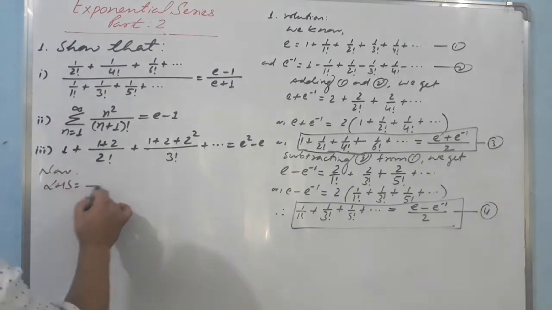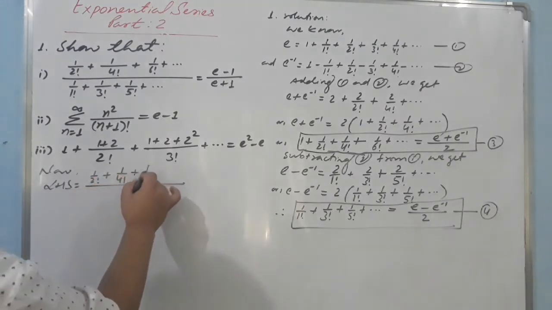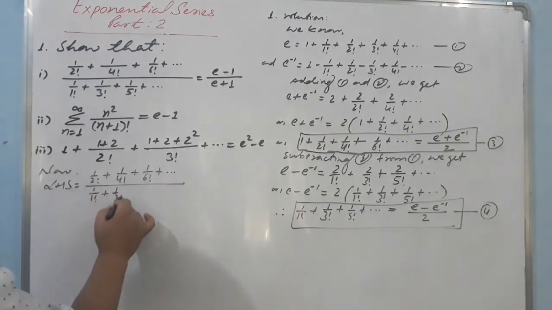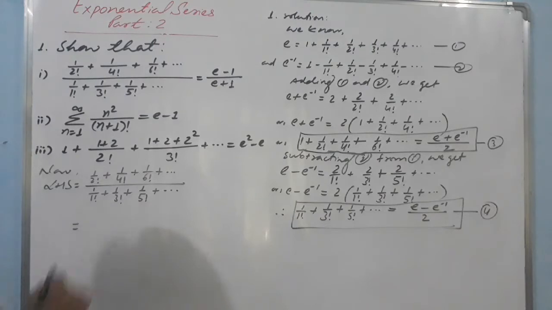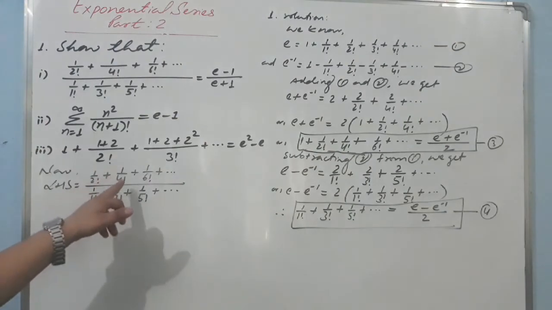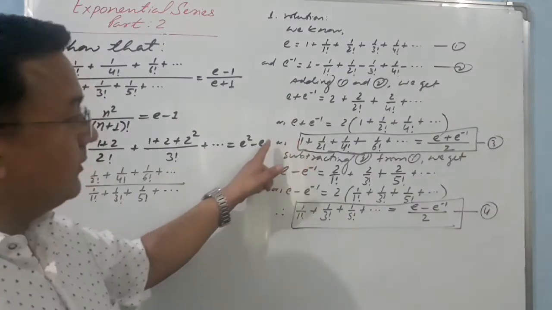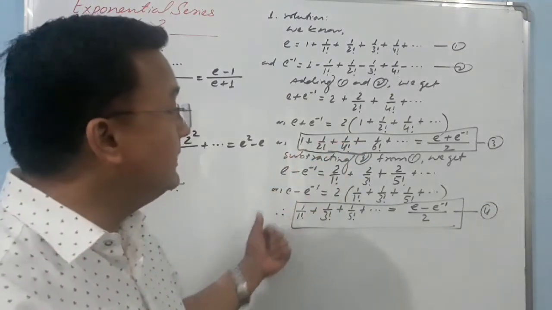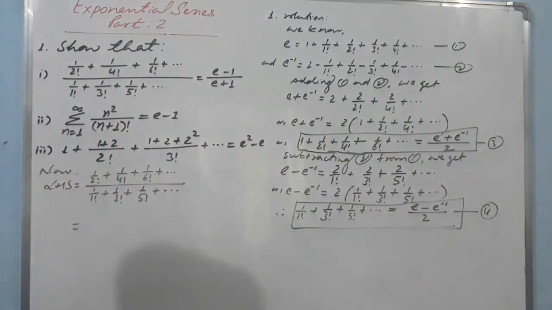On the left hand side you have 1 over 2 factorial plus 1 over 4 factorial plus 1 over 6 factorial plus and so on, upon 1 upon 1 factorial plus 1 upon 3 factorial plus 1 upon 5 factorial and so on. This is the left hand side. Now listen to me. We can get this result. Here we have 1 upon 2 factorial, 1 upon 4 factorial, 1 upon 6 factorial. Only we are missing 1. So if we write 1 here, then this result will be complete, and as a consequence we can write down e plus e raised to power minus 1 over 2 instead of that.